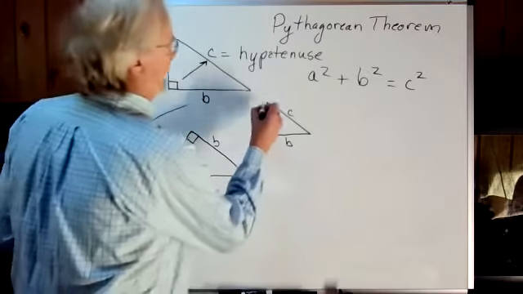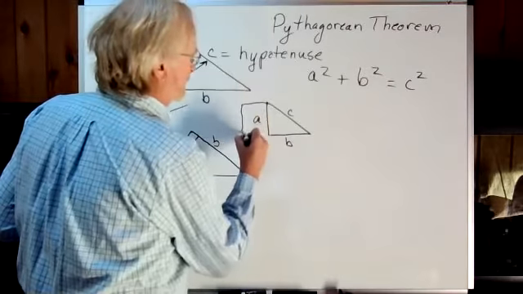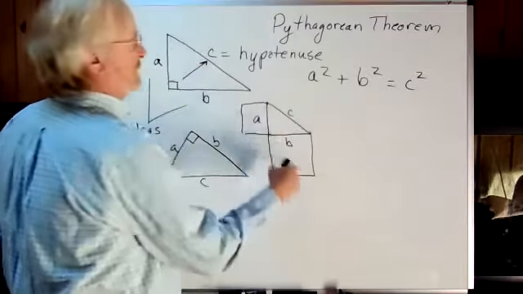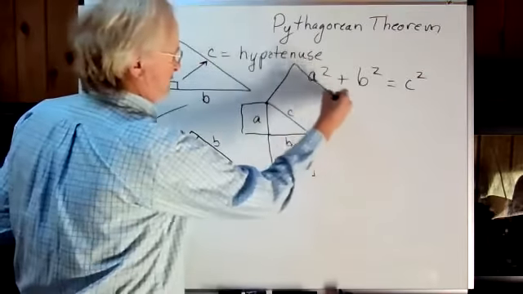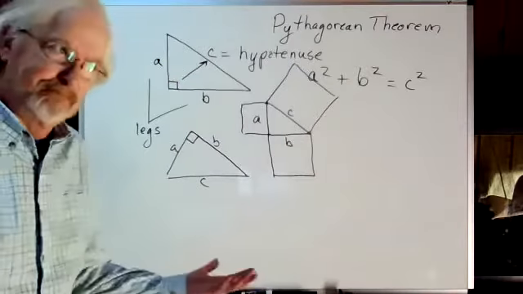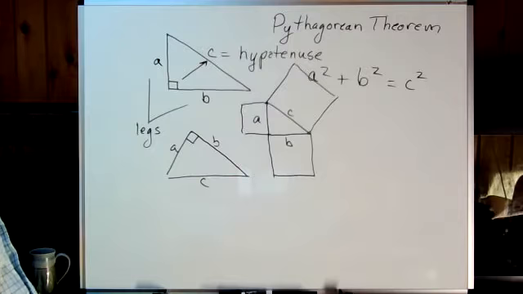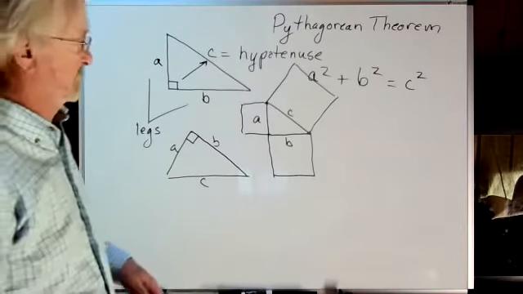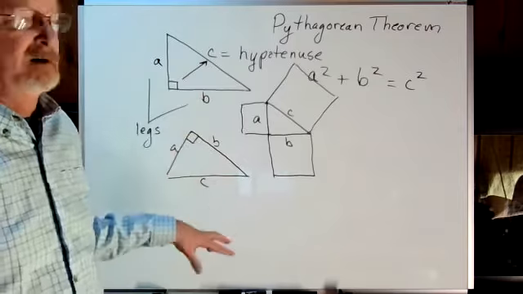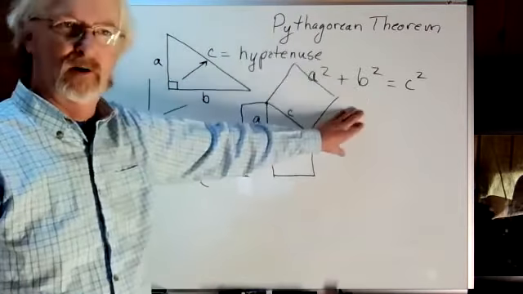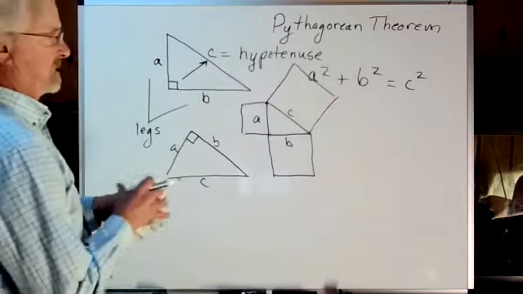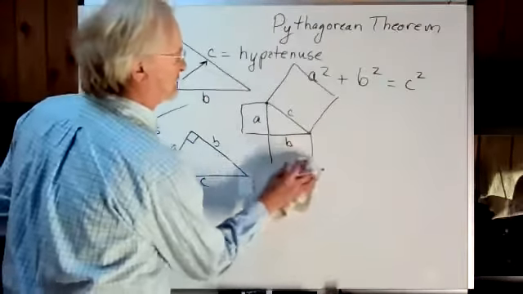Geometrically, you could interpret it as I build a square on each side, and those two areas are going to add up to the area of a square I could build over here. Wow, interesting, neat. If you know two of the sides of a right triangle, now you could use the formula to find the missing side. I'm going to get this one out of the way here, okay?